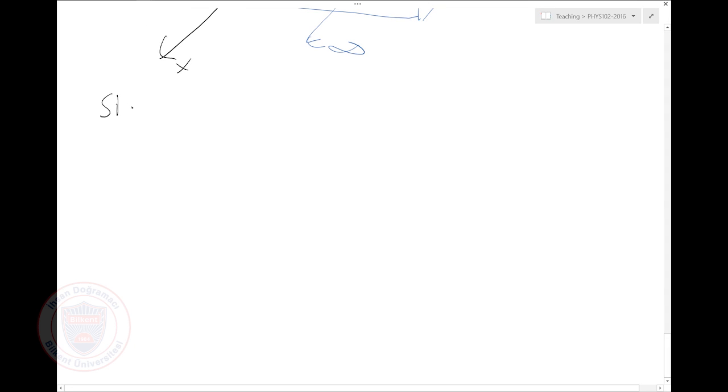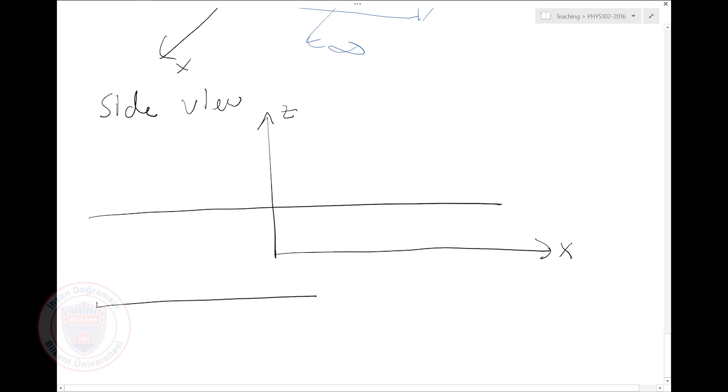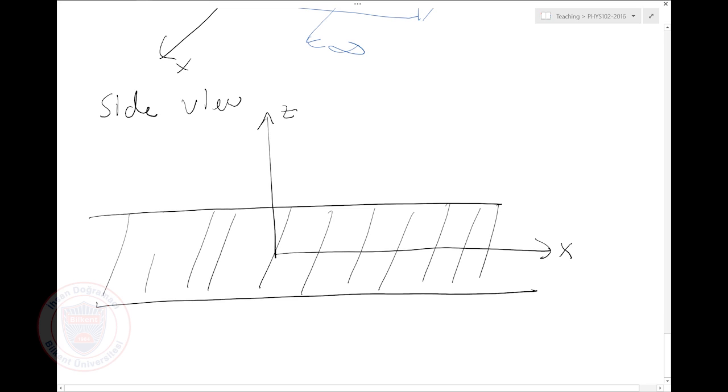Let me draw a side view here. If this is my z-axis, this is my x-axis, my slab would be something like this. And let me choose my coordinates so that the slab is between plus d over 2 and minus d over 2 on the z-axis.